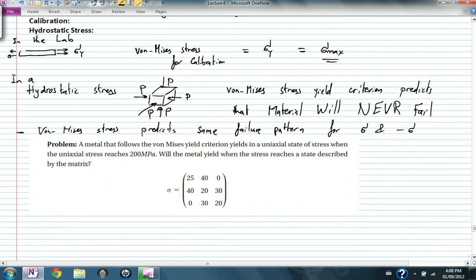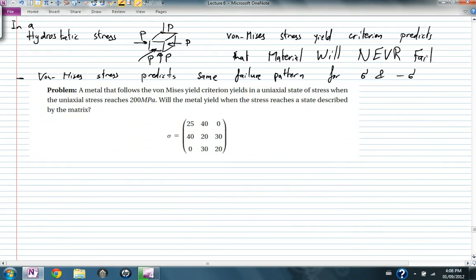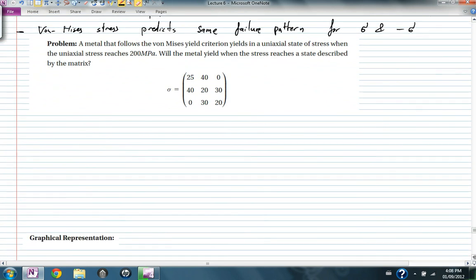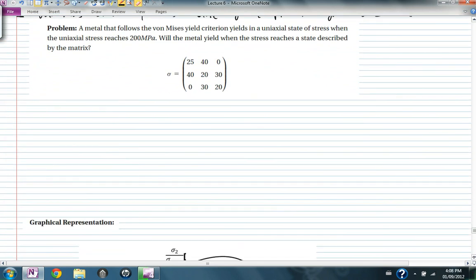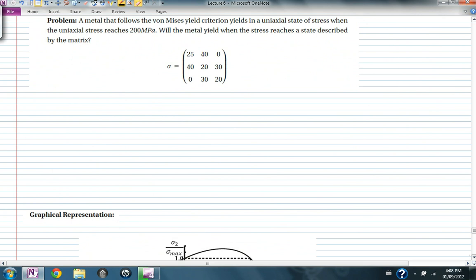So again, a problem just to visualize this failure criterion. I take a piece of metal and I tell you that it follows the von Mises yield criterion, and in the lab I tested it and I found that sigma yield is equal to 200 MPa.